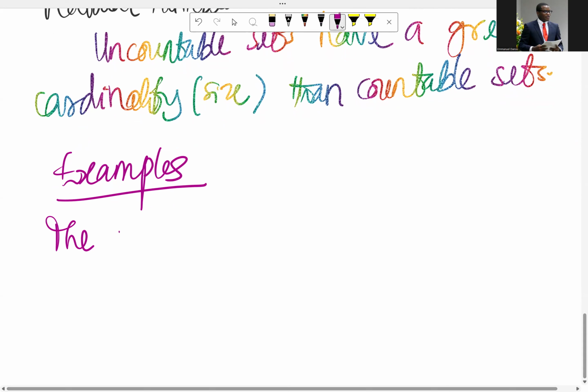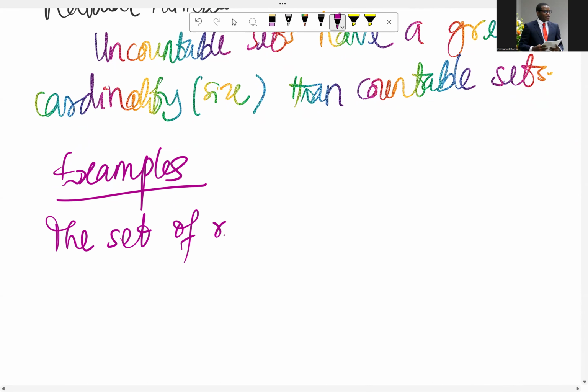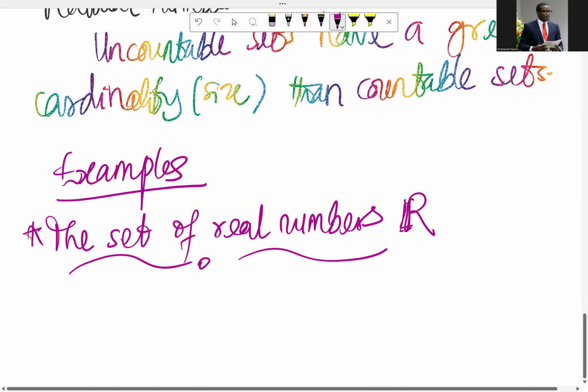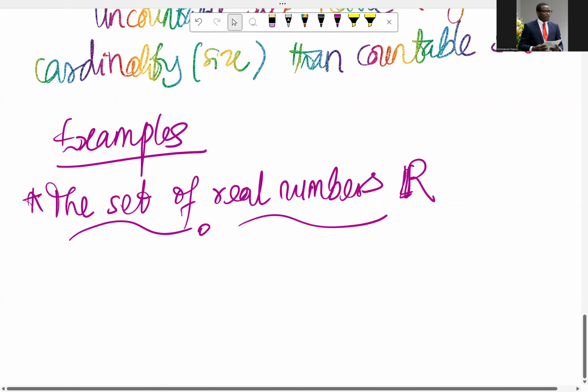The set of real numbers is represented using this fanciful R. The real numbers are uncountable. In fact, to even list real numbers is a difficult task.